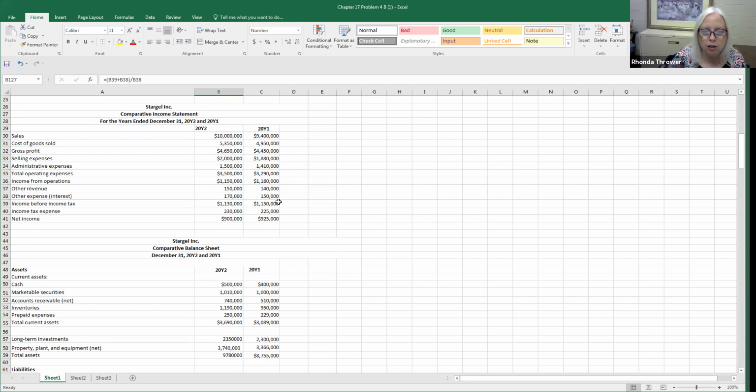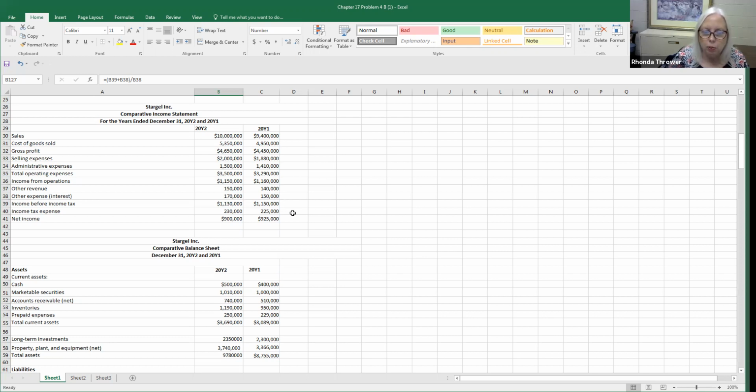You would want to compare that with what happened in the last period of time. And you can see your income before income tax was a little bit higher in 2001 because our net income was higher, but our interest expense was a little bit lower because we didn't have that mortgage payment that we needed to make in year 2 because we bought another building.